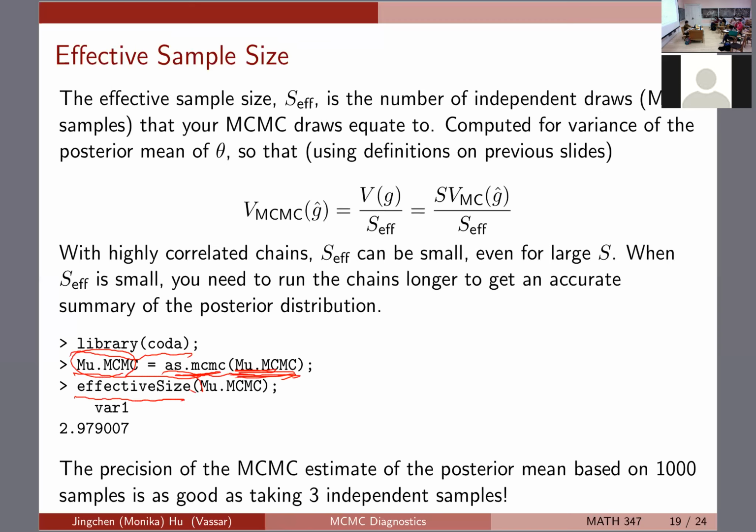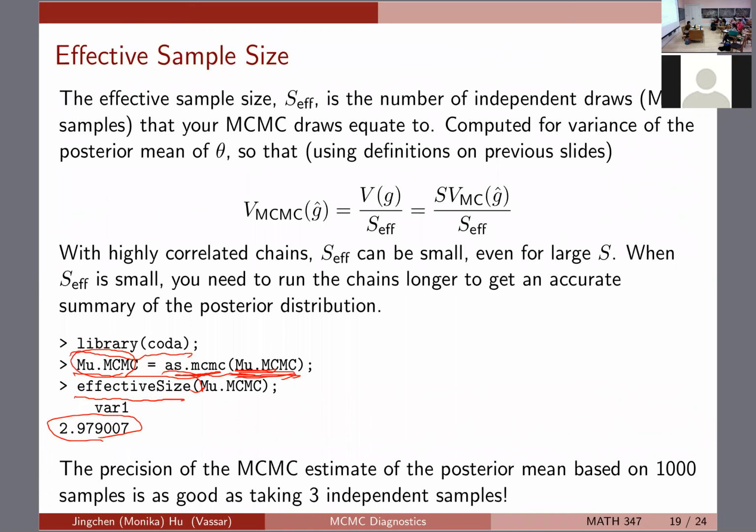So look at the last paragraph down here, the precision, which is telling you how many independent draws the particular 1,000 draws of the MCMC actually amount to. It's actually only as good as taking 3 independent samples. Okay, so that's what effective sample size means.